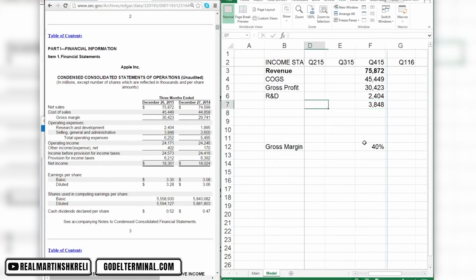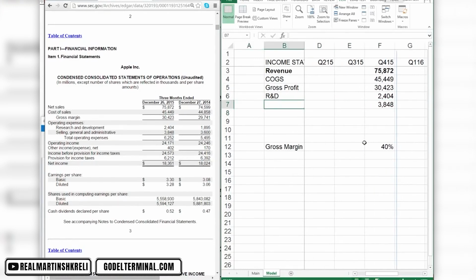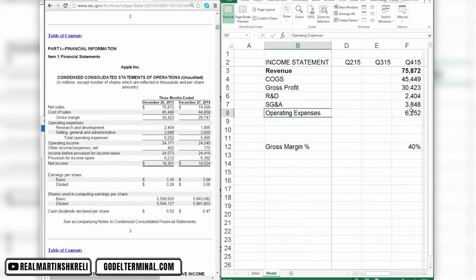So that's not just marketing. That's the CEO's salary, Tim Cook. That's their office building. That's all kinds of other things. That's their legal expenses. That's only about $4 billion. So they're a really profitable company. After their cost to make the stuff, they barely spend any money on these other things. So we're going to call these operating expenses. Operating expenses. This is what it costs to run Apple, about $6 billion.